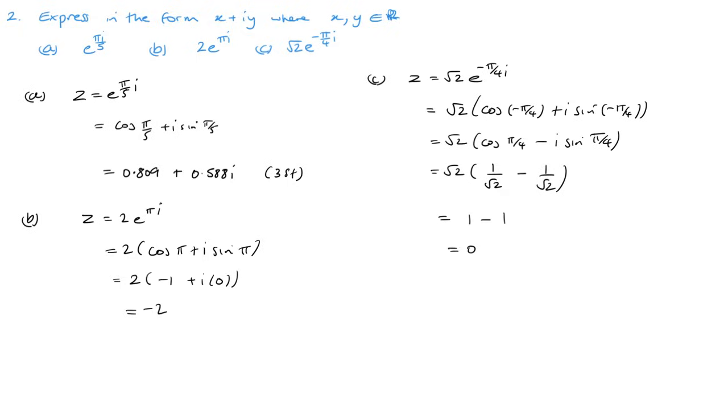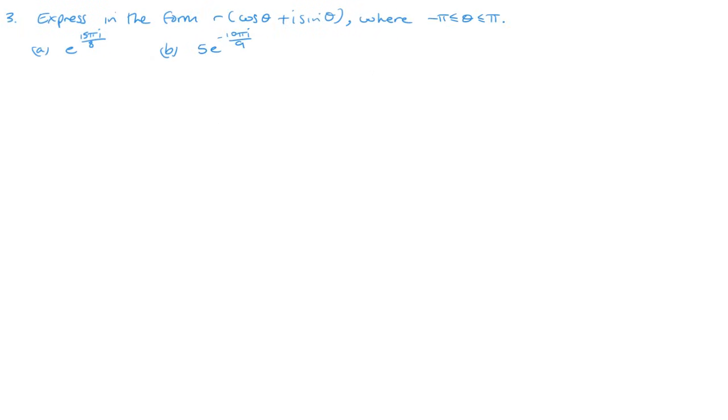Right, let's move on to question 3. So this one we need to put into modulus argument form, but we've got angles that appear outside of our range. So r equals 1 in this case, and theta equals 15 over 8 pi. So we need to take away 2 pi from it. So 15 over 8 pi minus 2 pi is minus pi by 8.